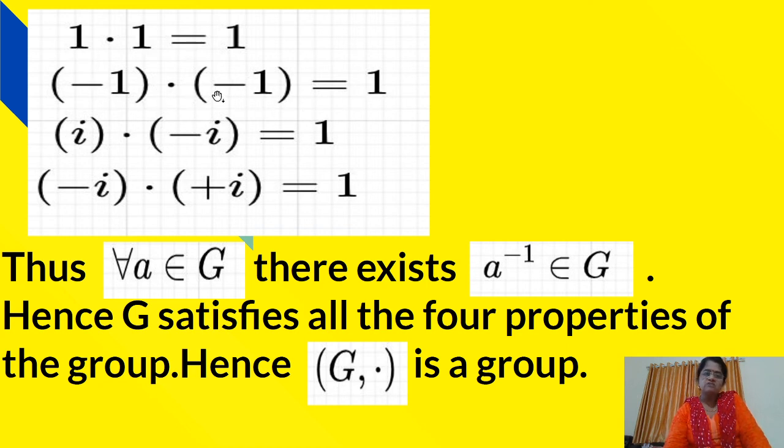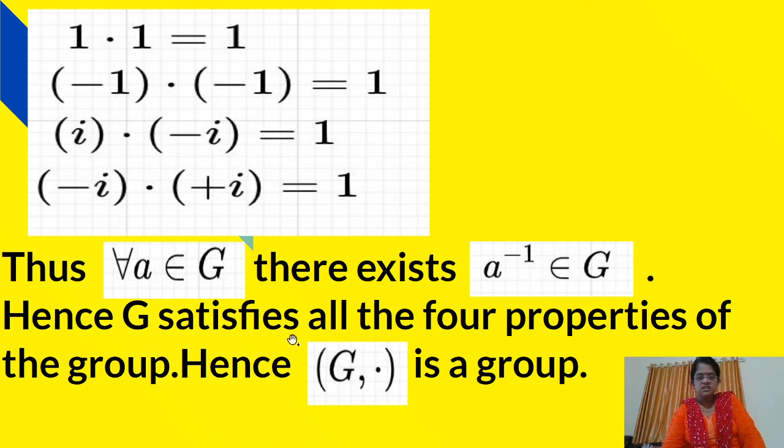Therefore minus 1 will be inverse of minus 1. i into minus i is equal to 1. Therefore minus i will be the inverse of i. Minus i into i is equal to 1, and therefore we can say that i is the inverse of minus i. Thus for every a belonging to G, there exists a inverse belonging to G.